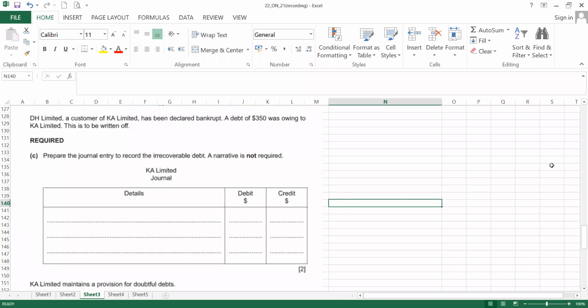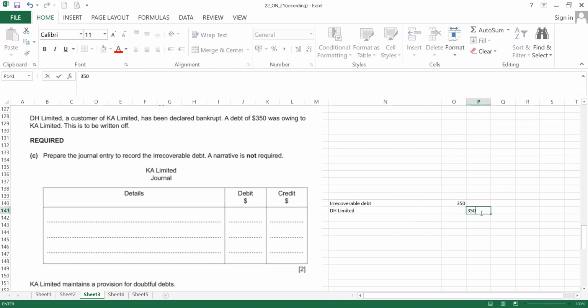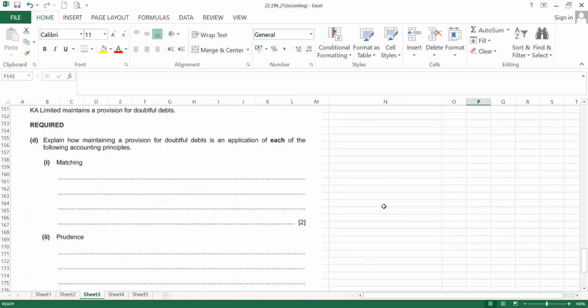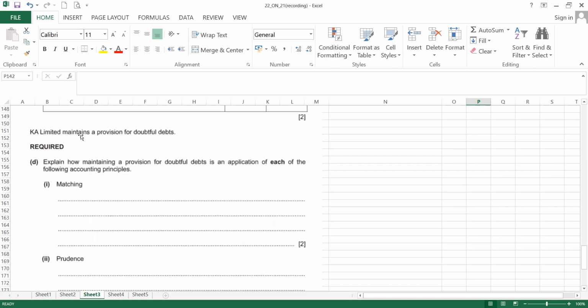So the double entry for it: debit irrecoverable debt, and the customer name you put in is DH Limited. So the double entry, debit irrecoverable debt 350 and credit DH Limited 350. So that is the double entry for the irrecoverable debt. Now next, KA Limited maintains a provision for doubtful debt.